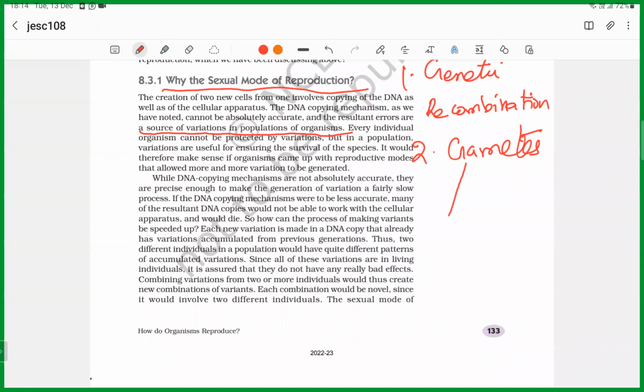What else? Can I ask you one more question? In sexually reproducing organisms, how is the integrity of the genome maintained? For example, the first generation, second generation, third generation, it goes on.